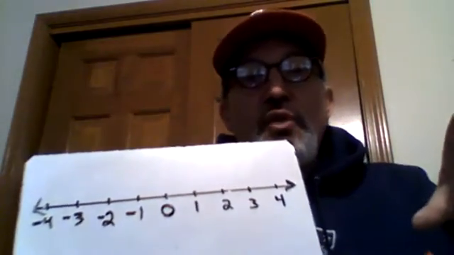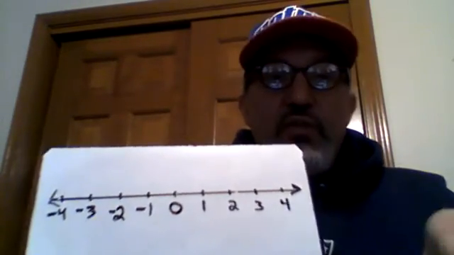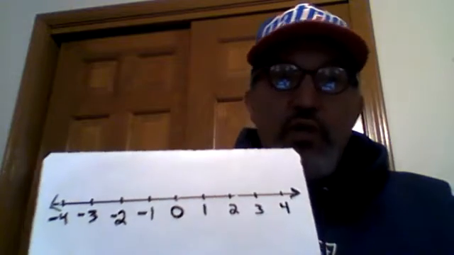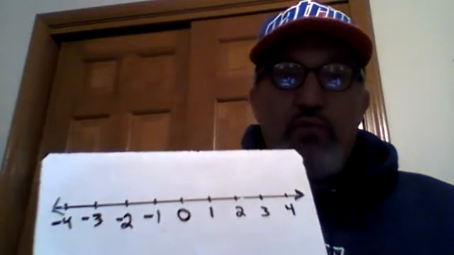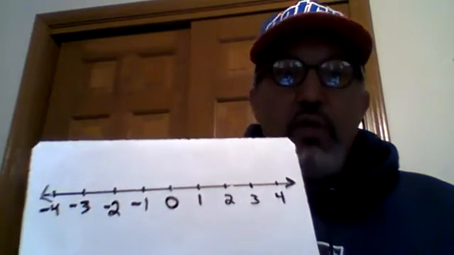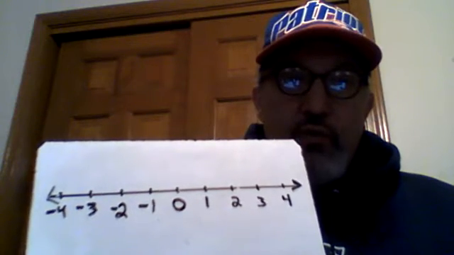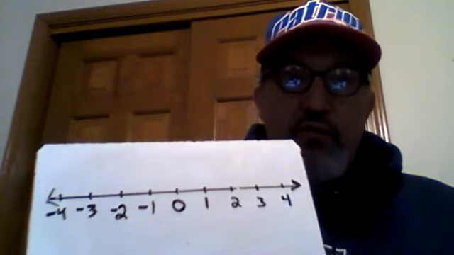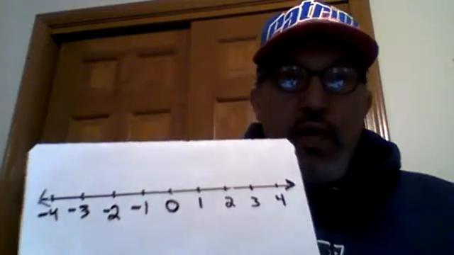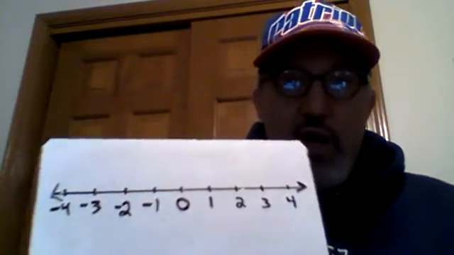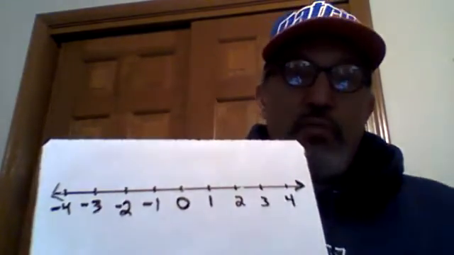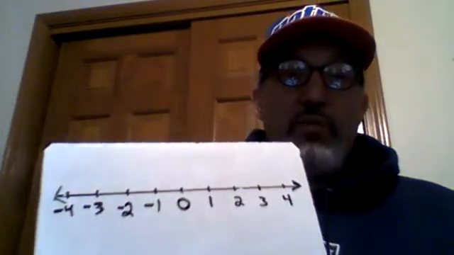Two different numbers that are the same distance away from 0 are known as opposites. 2 and negative 2 are opposites. 3 and negative 3 are opposites. 2.5 and negative 2.5 are opposites. 0 is its own opposite. When you add two opposites, you get 0.